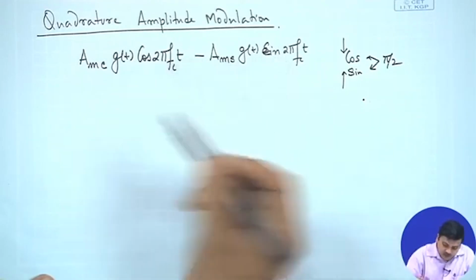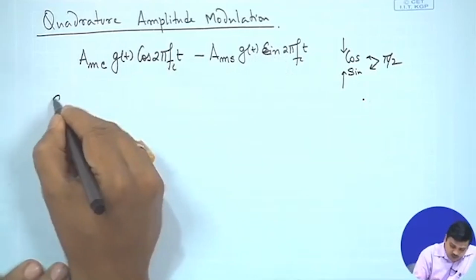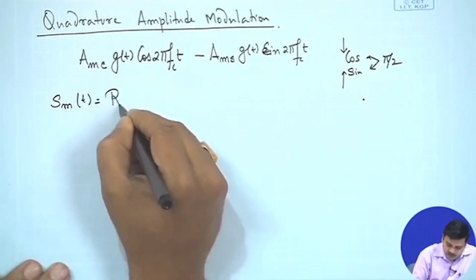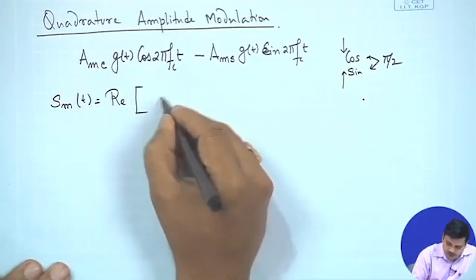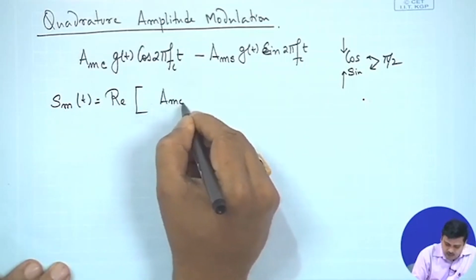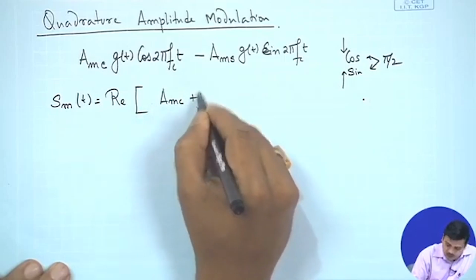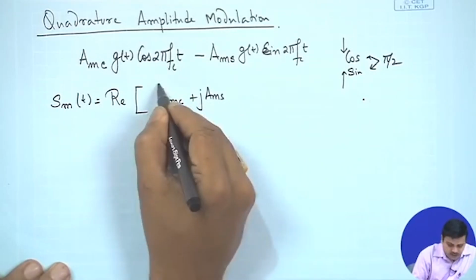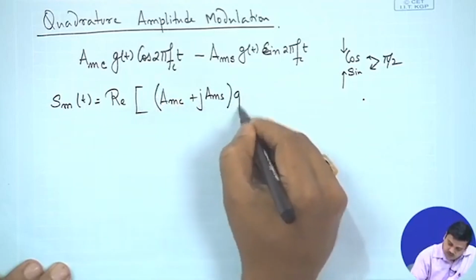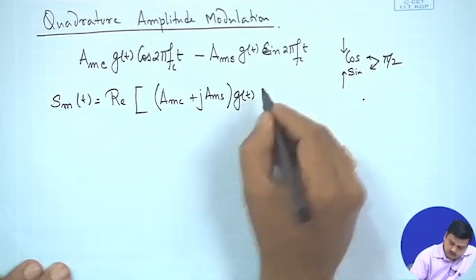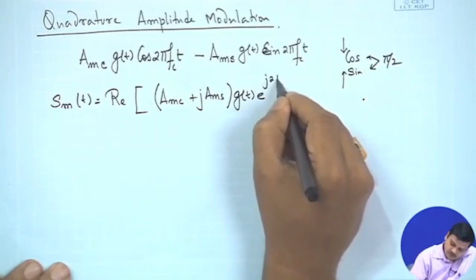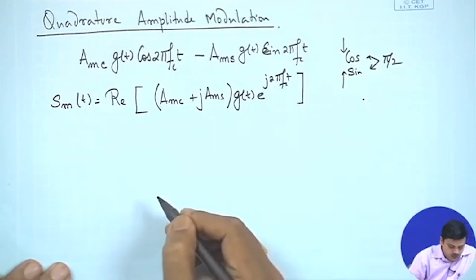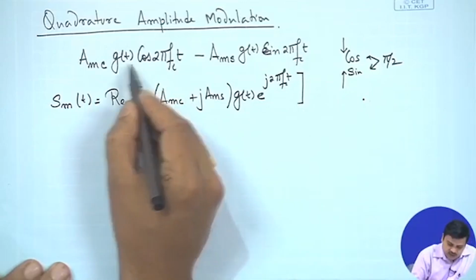Effectively, we should write m(t) as the real part of (a_mc plus j a_ms). So, this is x plus j y according to what we had discussed before, times g(t) e to the power of j 2 pi f_c t, and this would result in this expression.